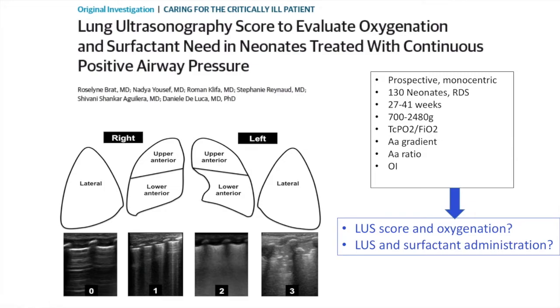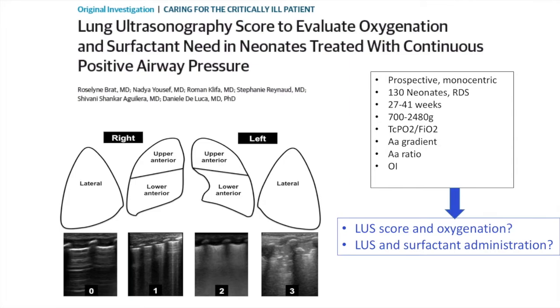They presented a prospective monocentric study including 130 neonates with respiratory distress syndrome from 27 to 41 weeks, and they assessed the transcutaneous PO2 over FiO2, alveolo-arterial gradient, arterial-alveolar ratio, and oxygenation index.